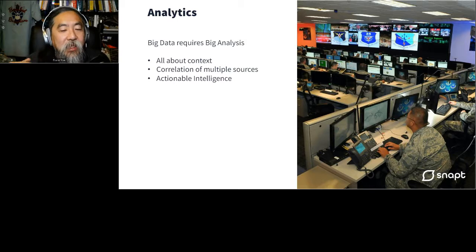I'm just letting you know. The analytics is what makes or breaks or differentiates one system from another system. This is what makes some intelligence organizations good versus great. You need to have good analytics.